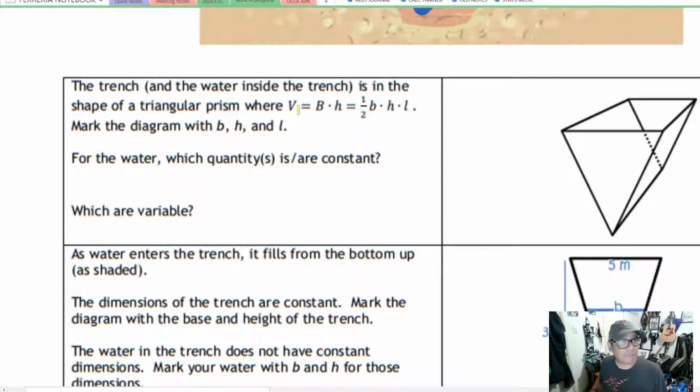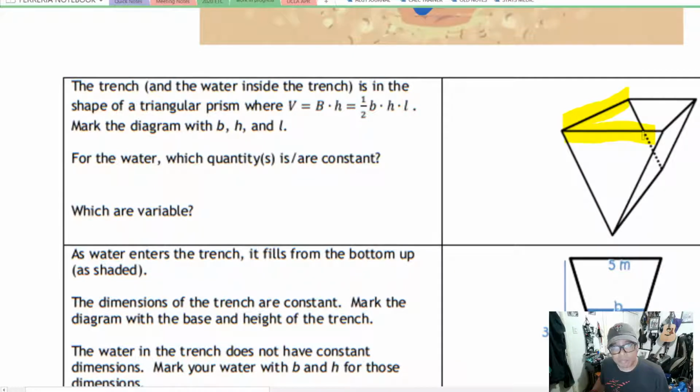Now, the volume for any prism is the area of the base multiplied by the height of the trench, or the distance between the two triangular bases. The area of the triangular base is 1/2 base times height, and we're going to say L is the distance between those two bases. Basically, this is L from the front to the back.